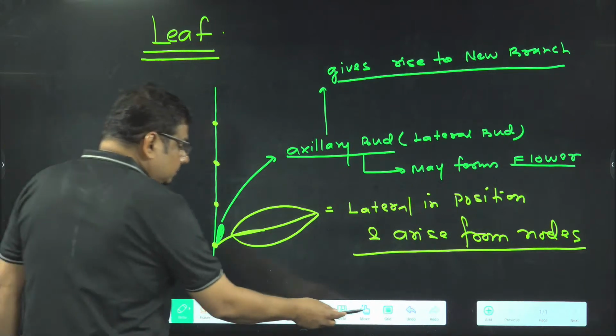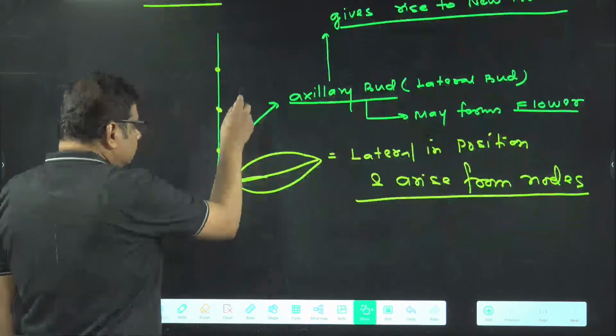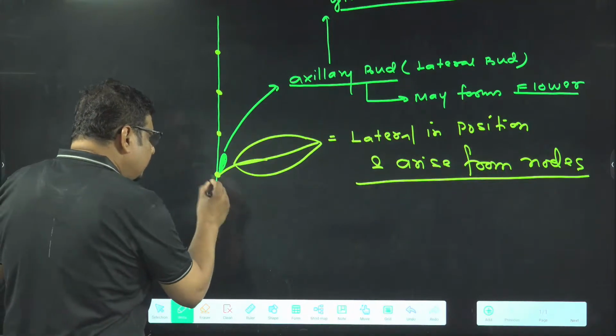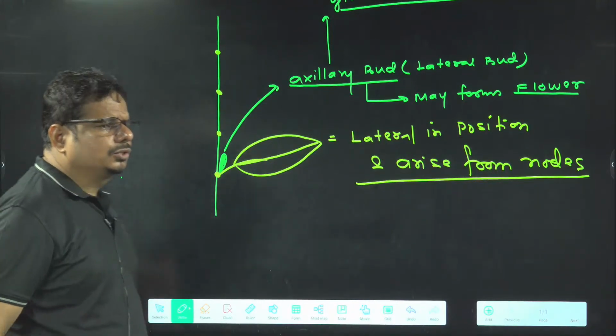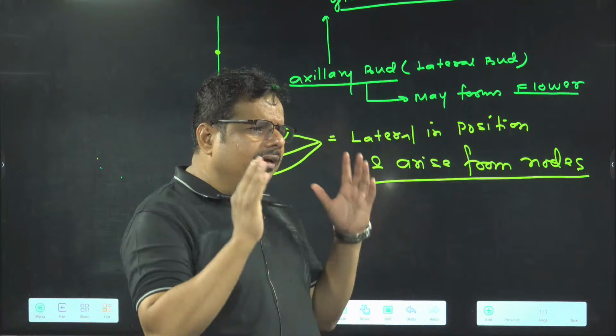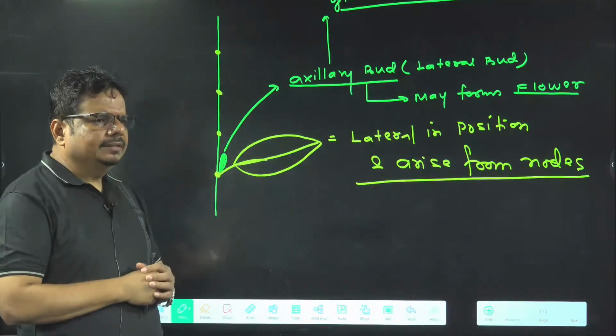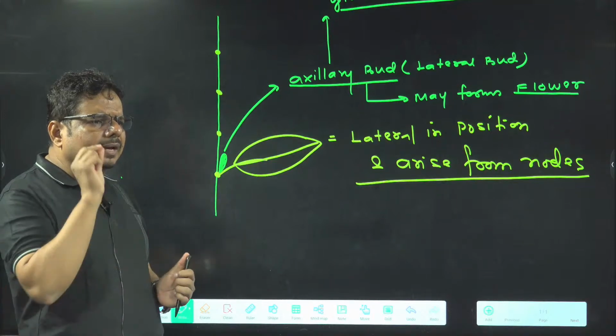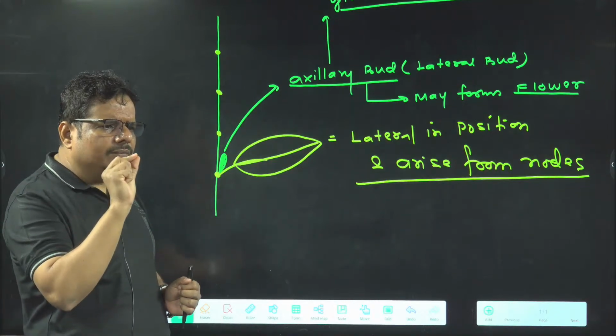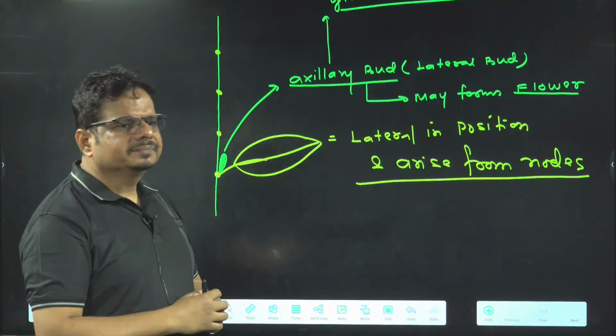Now, if someone asks a question that leaf arises from node, it is okay. But what exactly is present in the node from where leaf arises?